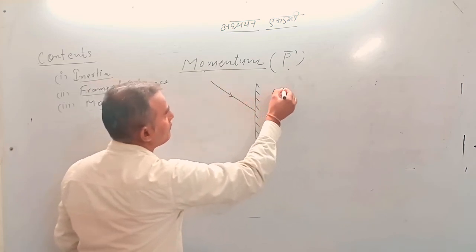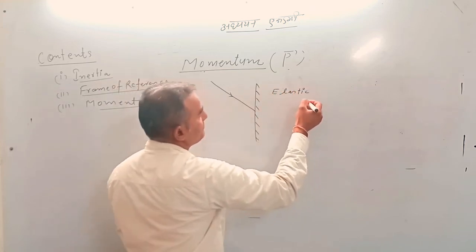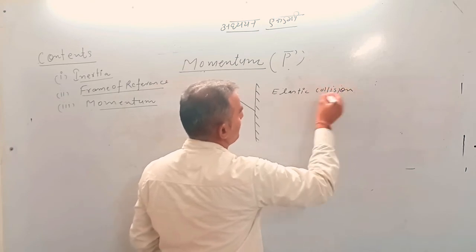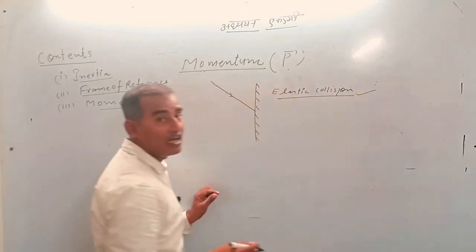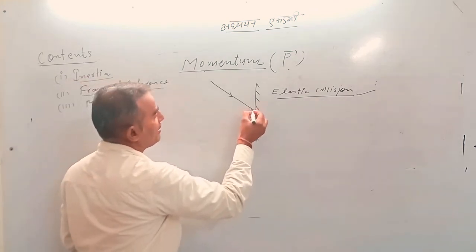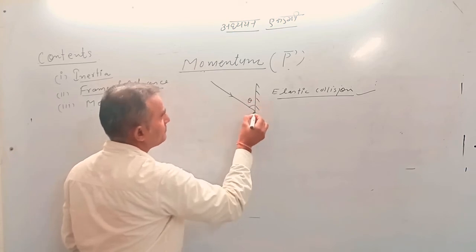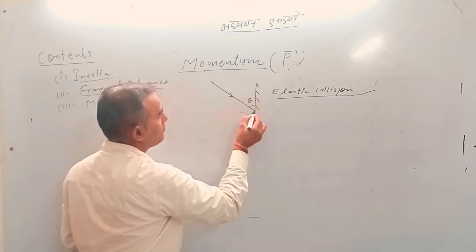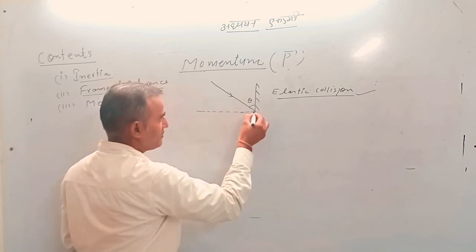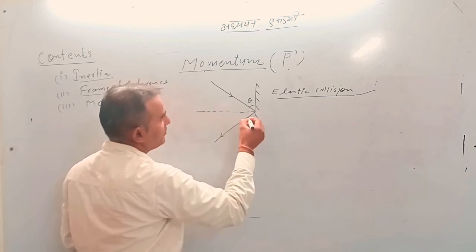The ball strikes the wall at angle theta, and it is perfectly elastic, so it reflects at the same angle theta.